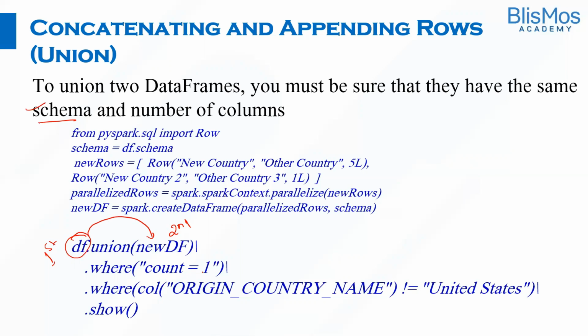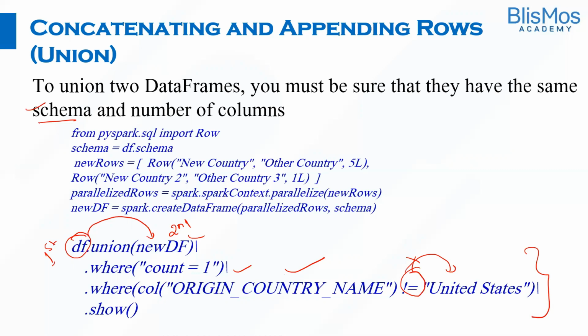One condition is where count is equal to 1. That means count is the name of the column, and wherever the column values are equal to 1, that is one condition. The second condition is where origin country name should not be equivalent to United States. Whichever rows in the new data frame satisfy both of these conditions, those rows will be appended into the original data frame.